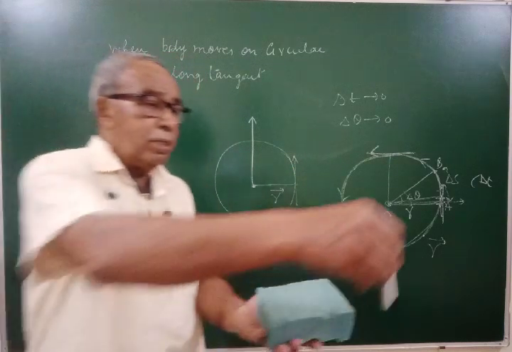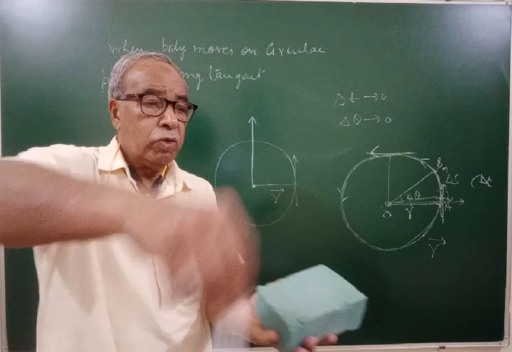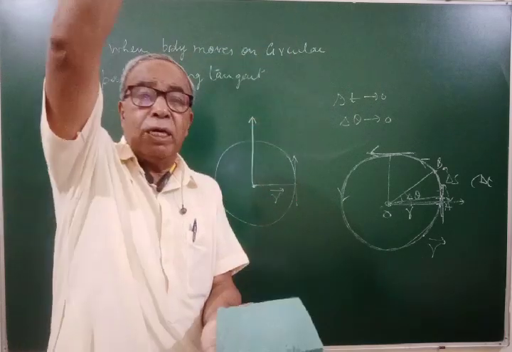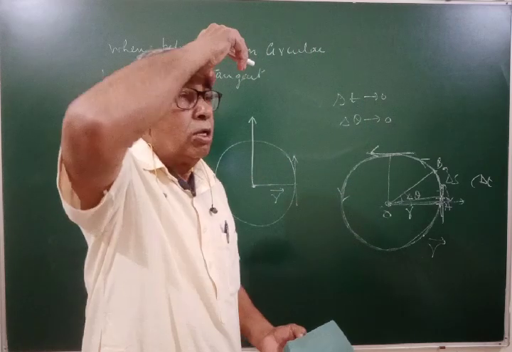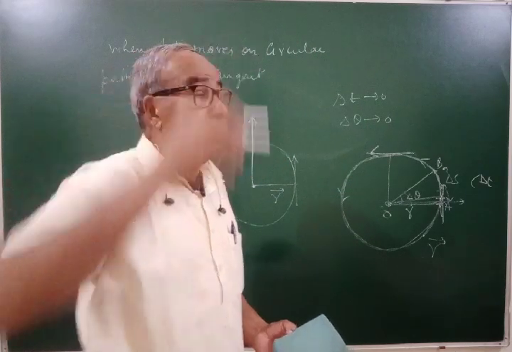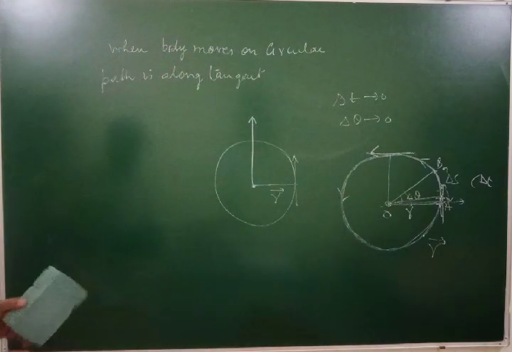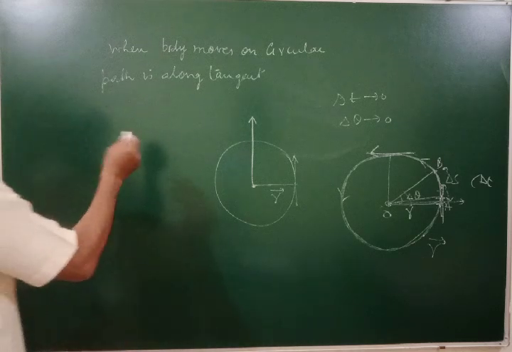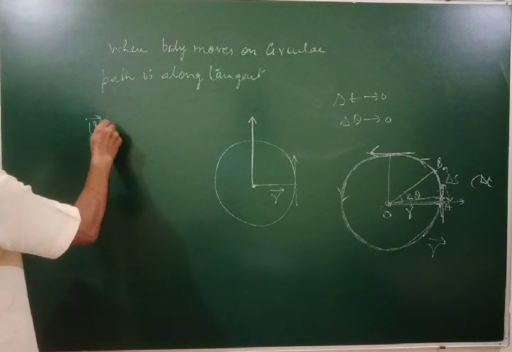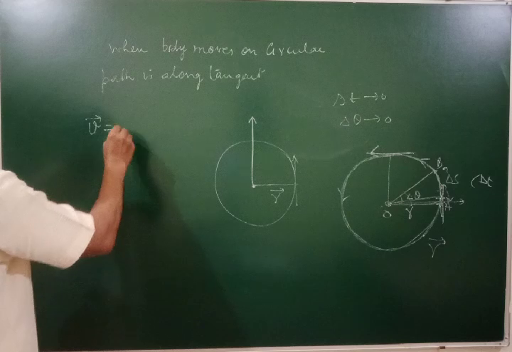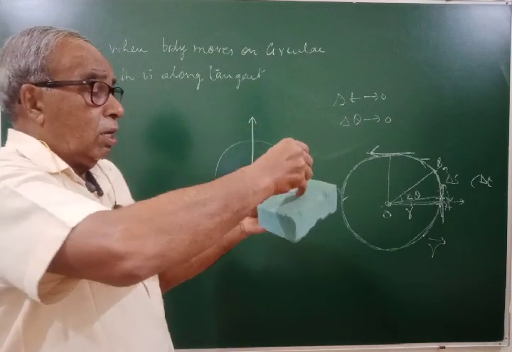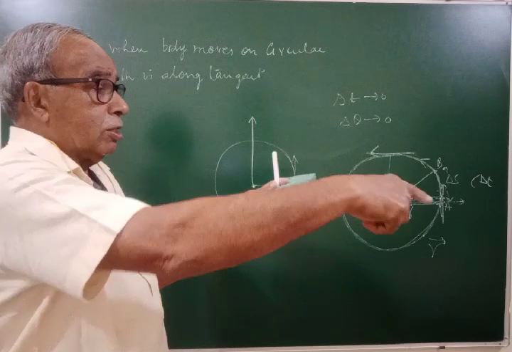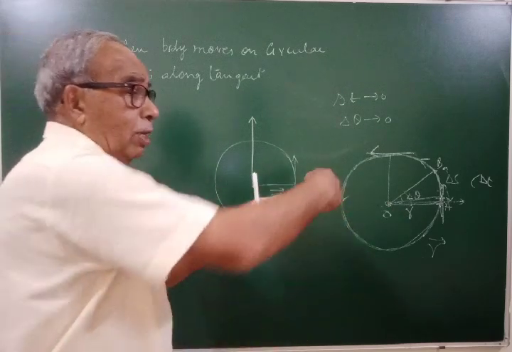Listen to me. If it is a circular path, angular velocity is vertically up, radius this way, velocity this way. So we can write a vector relation between v and r, omega. That is v equal to omega this way, cross product r this way, velocity this way.